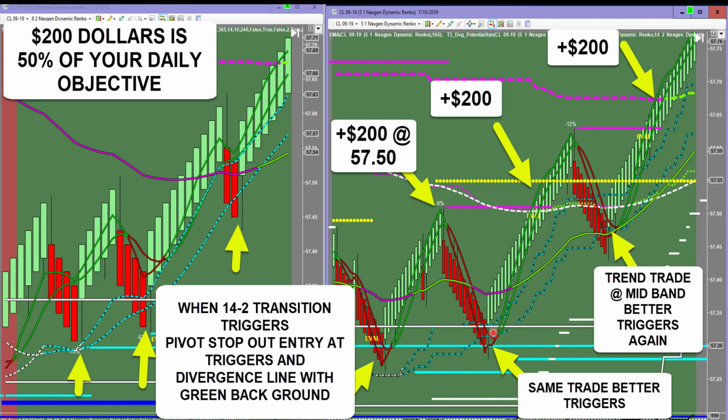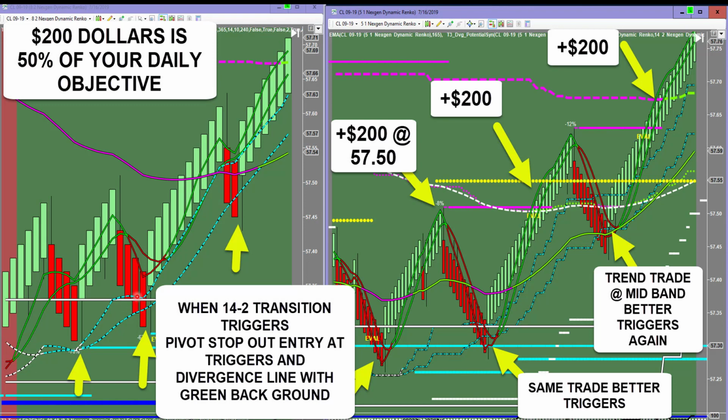And then if the market retraces back to the triggers and a pivot stop out, we go long and we take $200 on the way up. And then if the market breaks through and continues, then we buy the mid band with our triggers and we take another $200 on the way up. So in essence, we've done 3 trades before the synthetic triggers have ever crossed up.